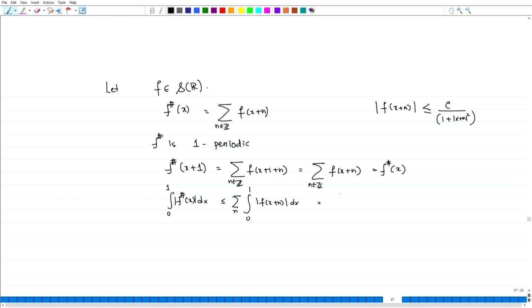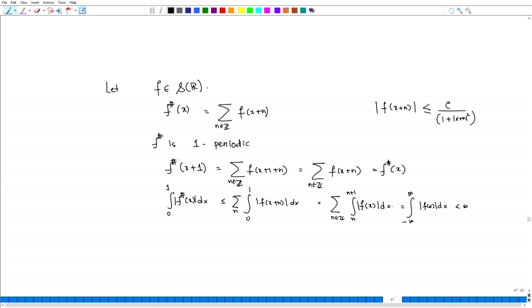By making a change of variable, with n varying over Z, this is the integral from n to n plus 1 of mod of f of x dx. So this is equal to the integral from minus infinity to infinity of mod of f of x dx. If f is positive, then we get equality, and it is finite since f is in the Schwartz space.